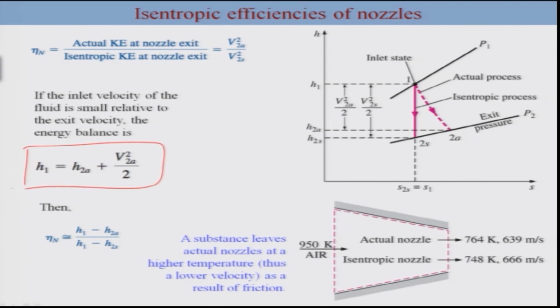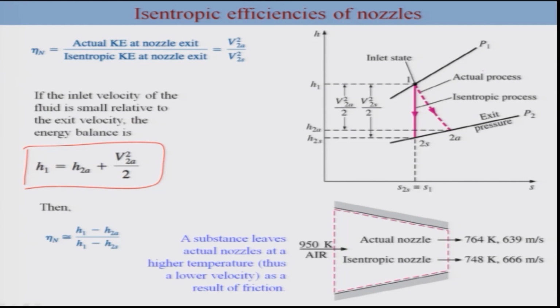And the way we define the isentropic efficiency of a nozzle is simply the actual KE at the nozzle exit divided by the isentropic kinetic energy at the nozzle exit, considering that for actual as well as for isentropic the initial conditions are the same. So, this is how we can depict it on an HS plot.